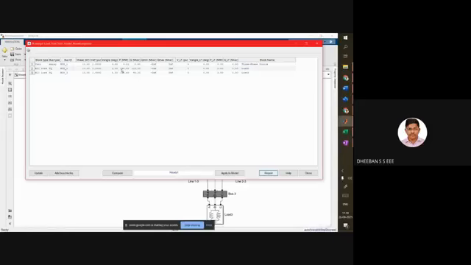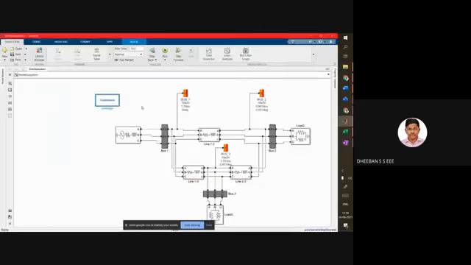Here the real power and reactive power consumption of the load is given. After putting compute and applying it to the model, you will get changes in the values. Initially there won't be any values. I have already run the load flow, so you're getting the values.